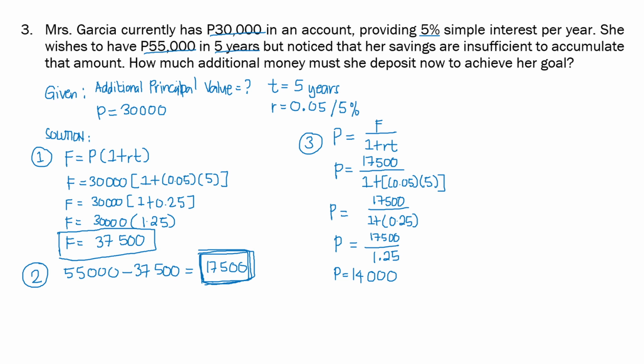So it means that Mrs. Garcia have to add 14,000. Kinahanglan siya mo-add og 14,000 sa iyang 30,000 to get a final value or future value of 55,000 in 5 years at 5% interest rate, no?